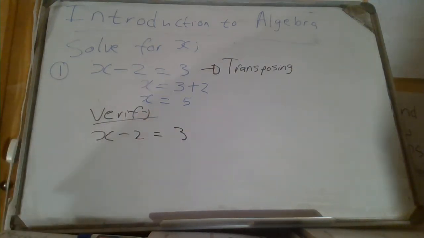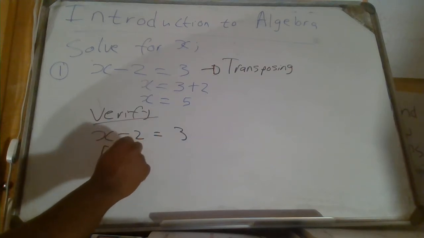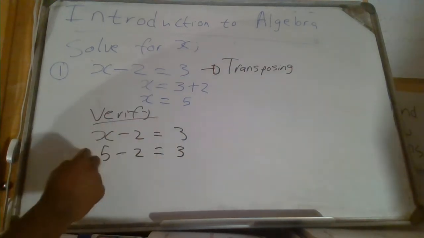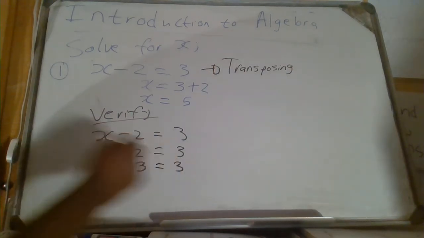So we take this value, which is 5, that we claim is a solution. So we're going to have 5 minus 2, which is equal to 3. Therefore you've got 3, which is equal to 3.